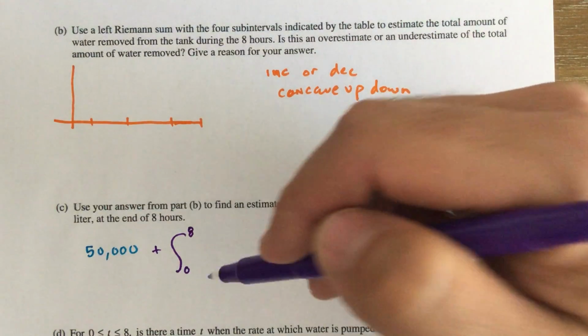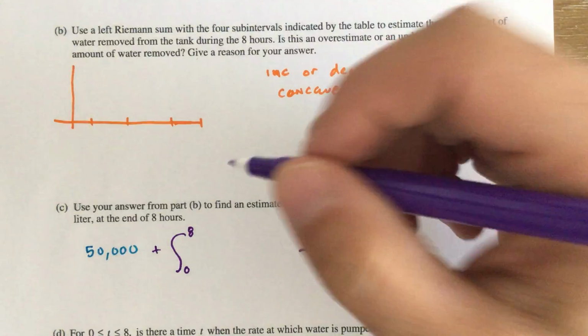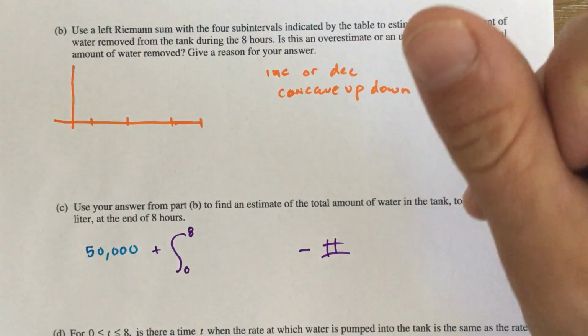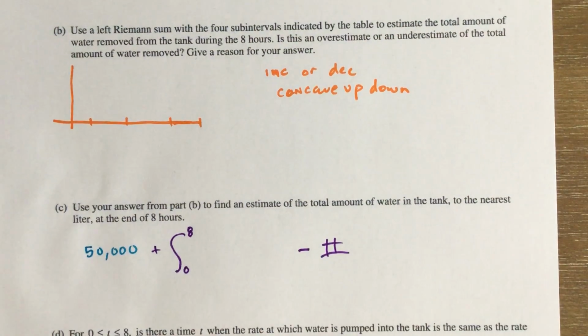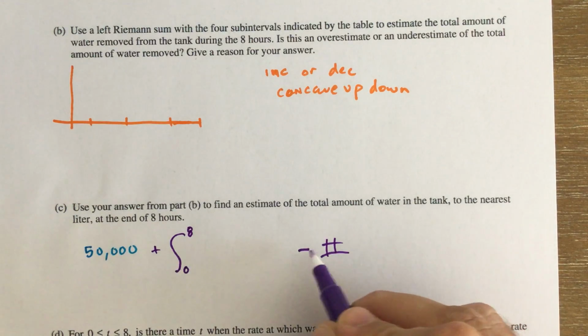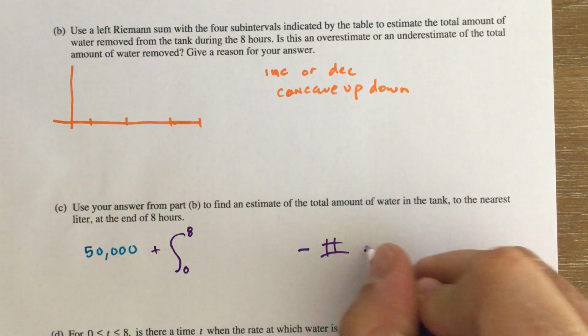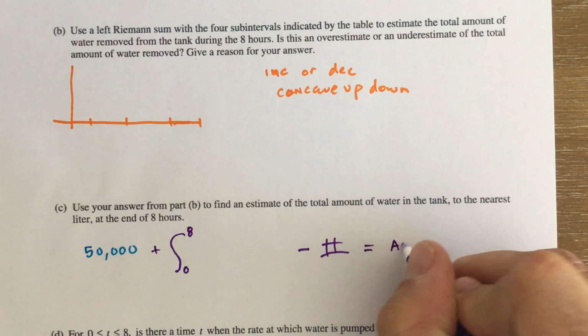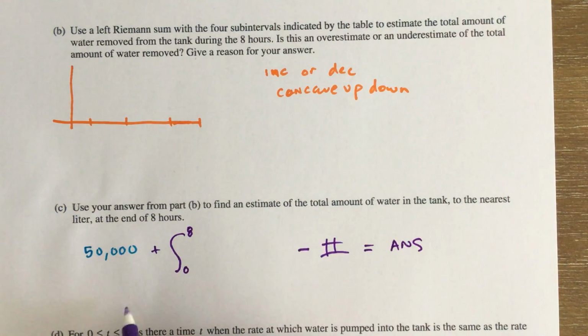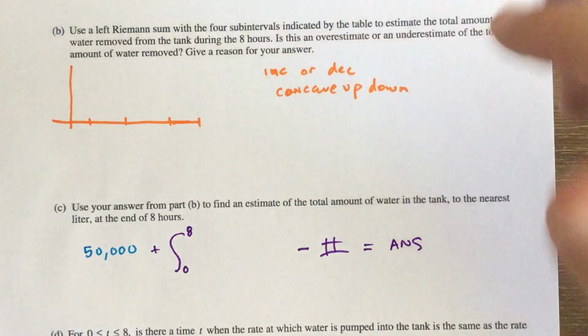And don't integrate by hand because you don't have enough time to. You have to use a calculator to be quick. Does that make sense? So we have 50,000, we have water coming in, we have water coming out, and that should be your answer. So you need to go ahead and set it up and then get those three values, find out what your answer is, use a calculator.